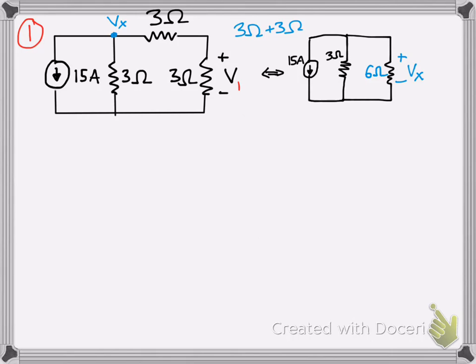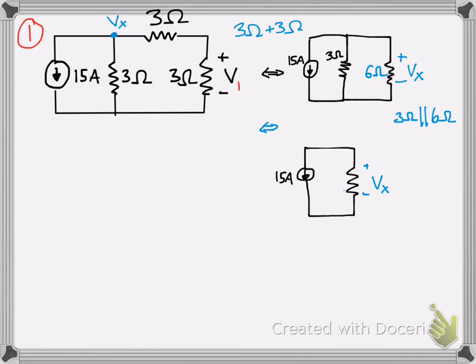Instead of calling it V1, since we combined it, I'm going to call it Vx, and you'll see why a little later, because we have V1 embedded in Vx. Next, to further reduce the circuit, we notice that 3 ohms and 6 ohms are in parallel. 3 in parallel with 6 is 2, and that gives us our equivalent here.